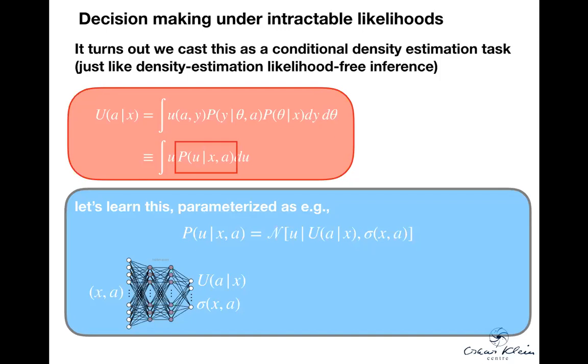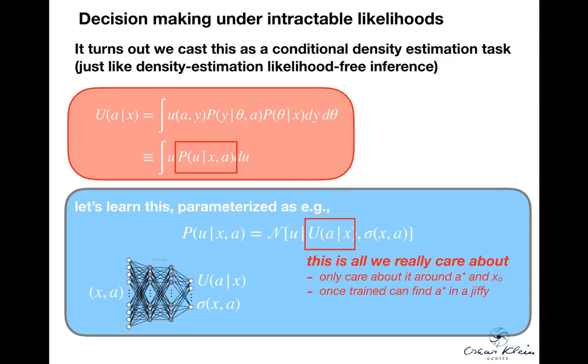And let's do that in such a way where we explicitly learn its expectation value as a function of action and data. So for example, we might parameterize that as a Gaussian, where the expectation value and the variance are functions of observations and action that maybe we parameterize with a neural network or otherwise. The only thing we actually care about is the expectation value.